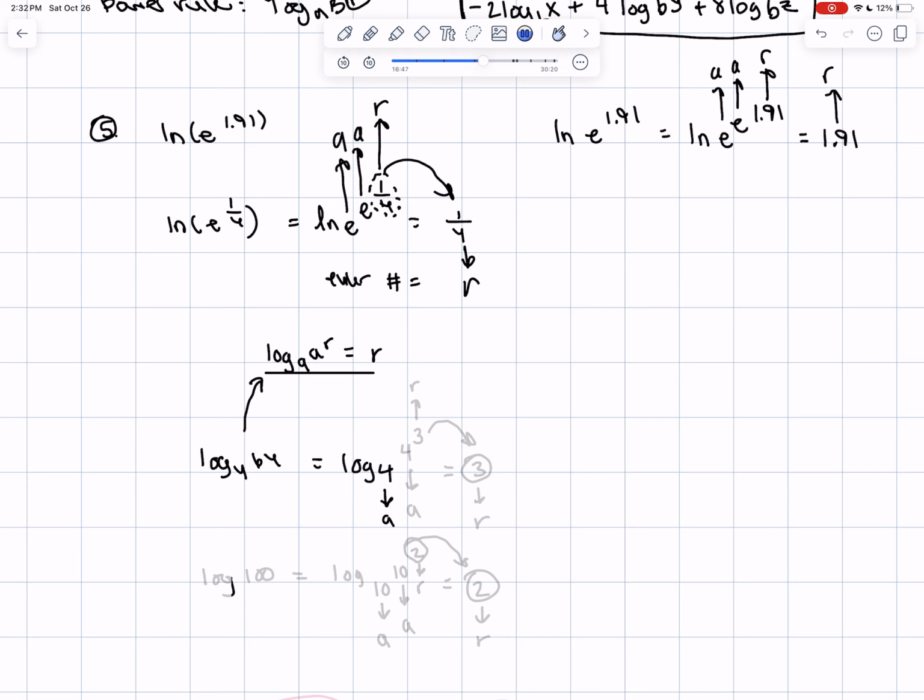That means my other a has to also be 4. So 4 raised to what gives me 64? Well, 4 raised to the third is 64. So this is also a, and this is r. That means our answer is just going to be 3, because that's our r.